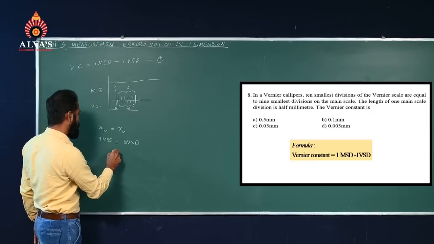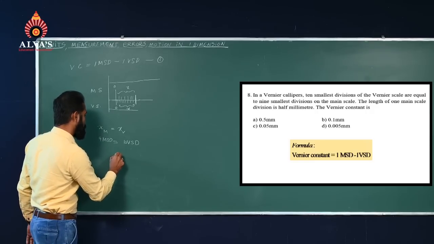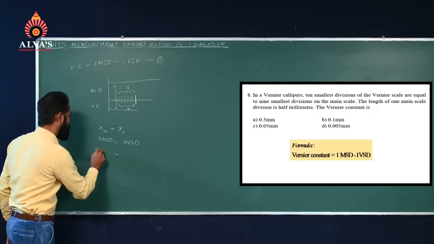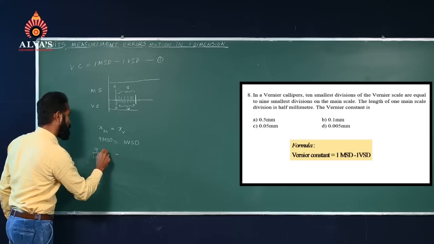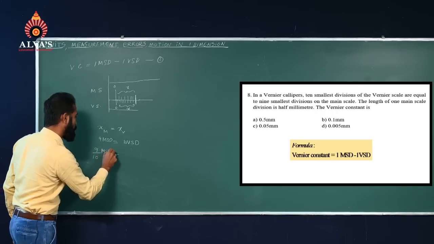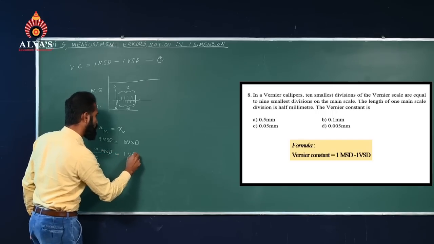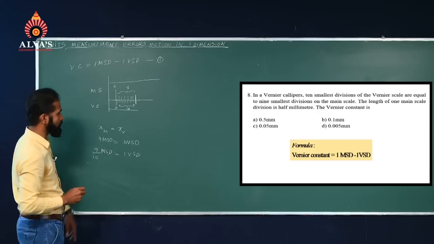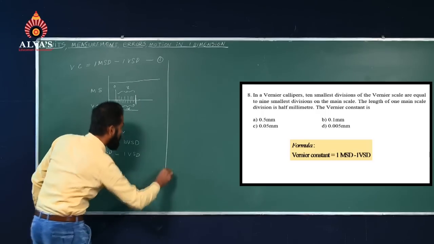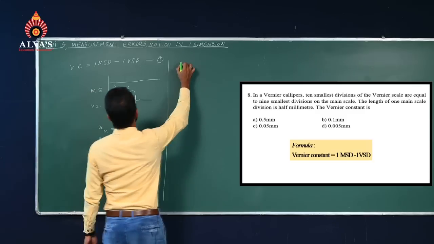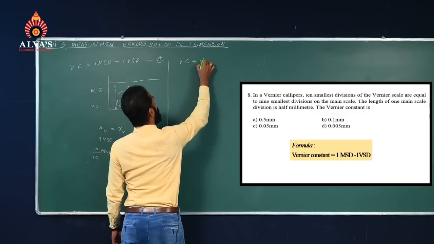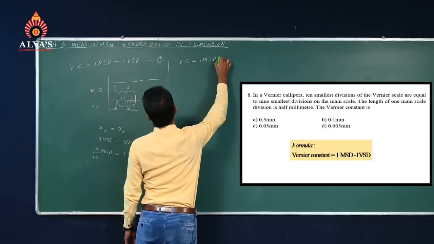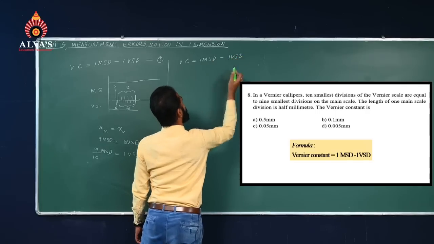If I rearrange, 9 by 10 main scale divisions becomes equal to 1 vernier scale division. So we have the value of 1 vernier scale division. Now let us substitute this in the vernier constant formula. Vernier constant will be equal to 1 main scale division minus 1 vernier scale division.